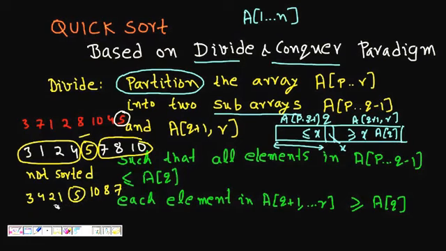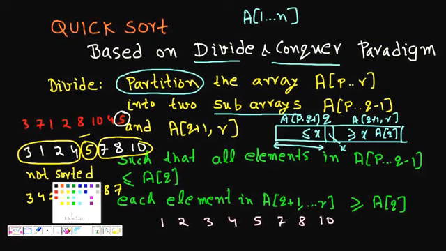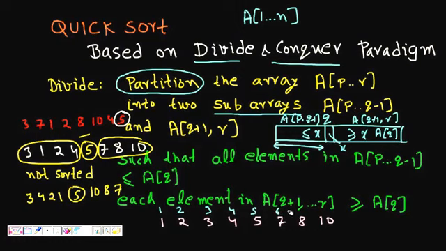But now we see that there is a beautiful result. What is the sorted form of this? We have 1, 2, 3, 4, 5, 7, 8 and 10. This is the sorted array. And what are the indices? 1, 2, 3, 4, 5, 6, 7, 8.